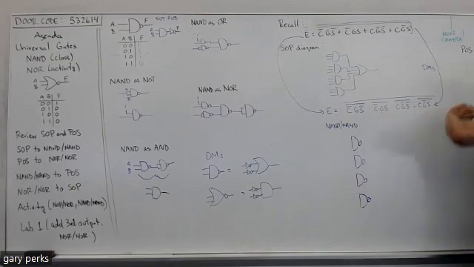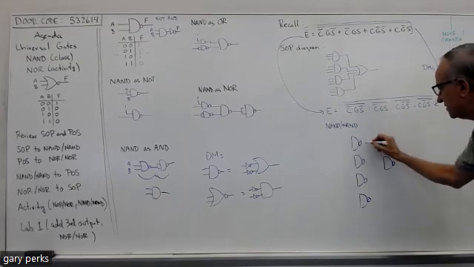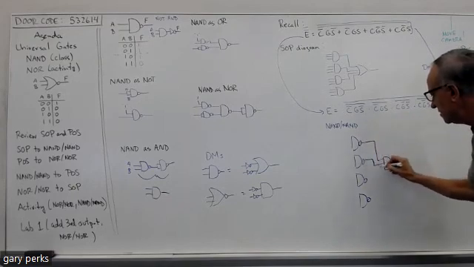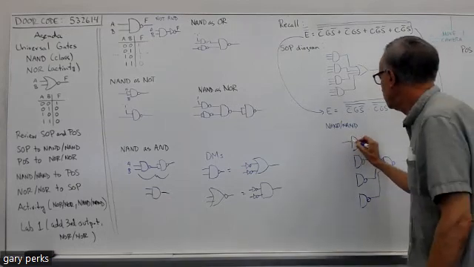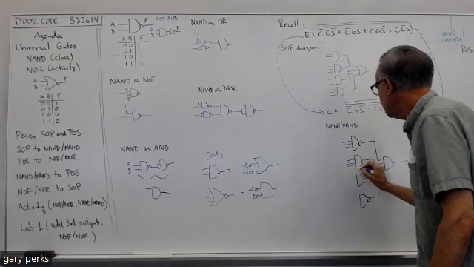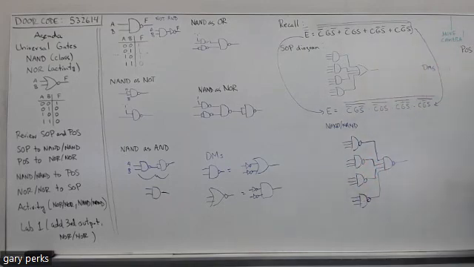Each term is a NAND, and then the terms get NANDed together, right? Because the terms are at the outputs of these NAND gates, so it's just going to be all NAND gates. Again, you can fill in the inputs. Everybody see what we did there?